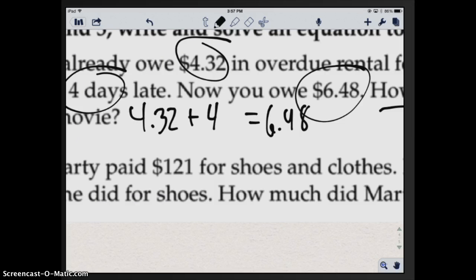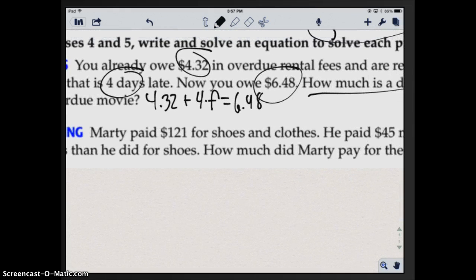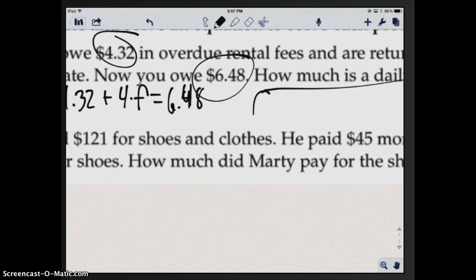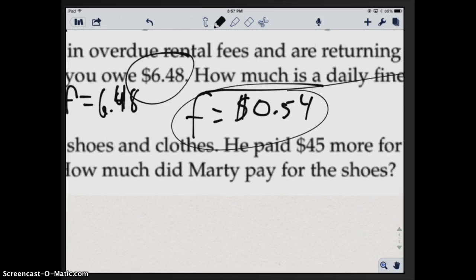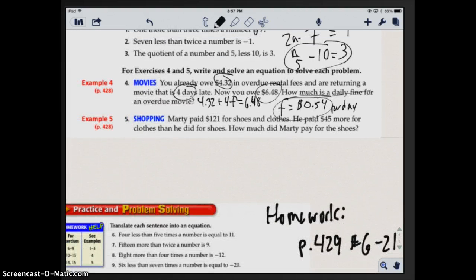Plus you were late for 4 days. So 4 times F, the fee. So that's your equation. 432 plus 4 times F equals 648. And then we find out that the fee is equal to 54 cents per day. That's what the daily fee is.